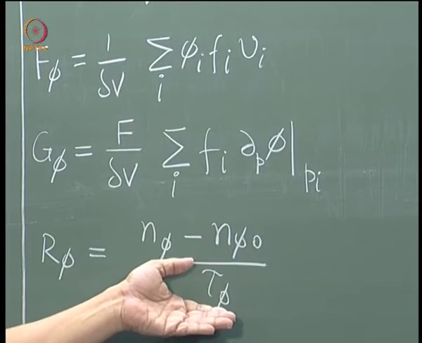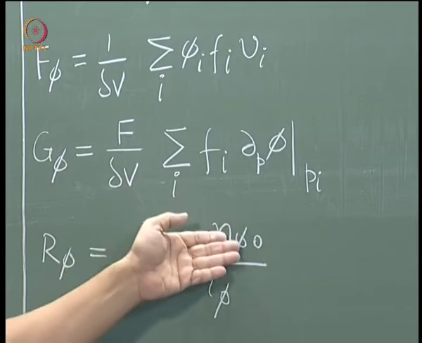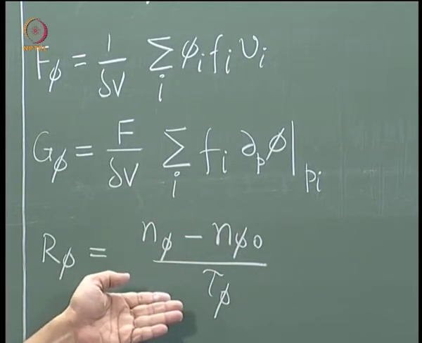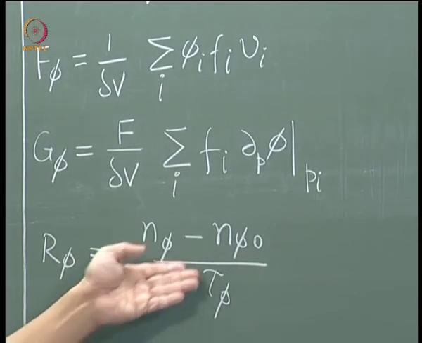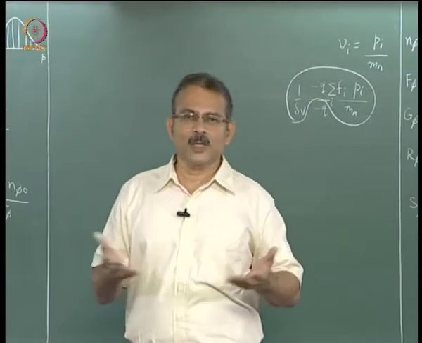Why? Because tau phi represents how the carrier concentration n is driven towards equilibrium by momentum changes. Now momentum changes due to scattering do not change the carrier concentration at all, that means tau phi is infinity, the system takes infinite time to relax because it does not change at all.